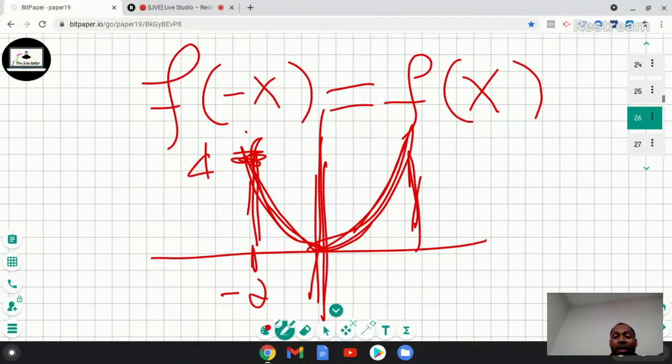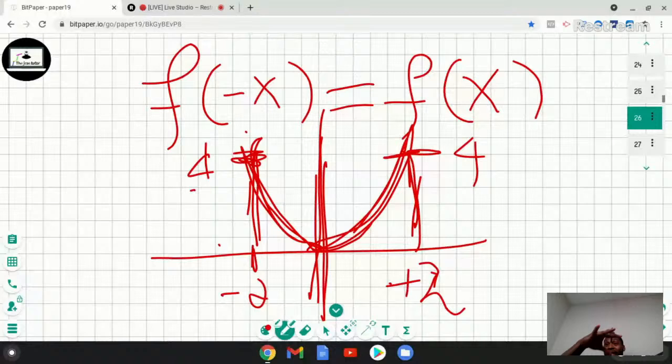Same thing to the right, f of positive 2, and I put positive here so you can understand what I'm saying, is going to go all the way up to 4. So both of these go to 4, and it's the same thing for negative 15, negative 20, and positive 20. So that would mean the function is symmetric about the y-axis, and it would be an even function.